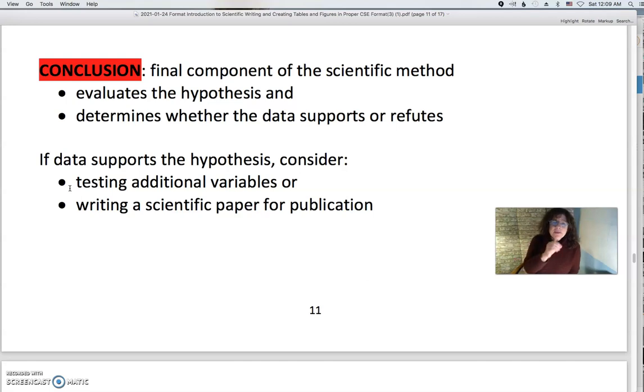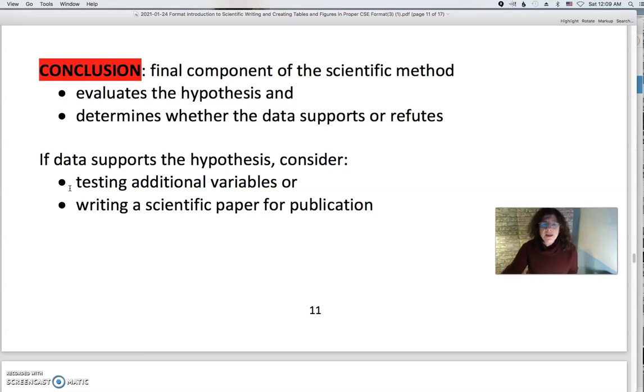And if the data supports the hypothesis, and you hope it does, then you can discuss in the hypothesis testing additional variables next time, or your conclusions on what you would like to test next time, how you would like to proceed with this, or you can start writing your paper for publication.